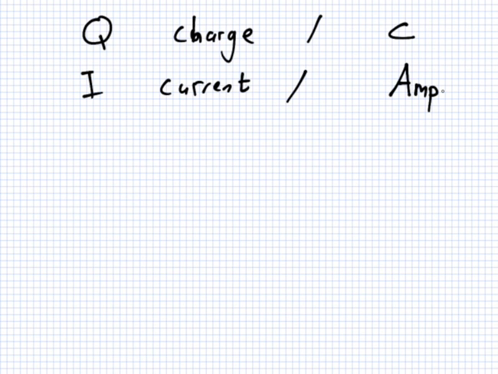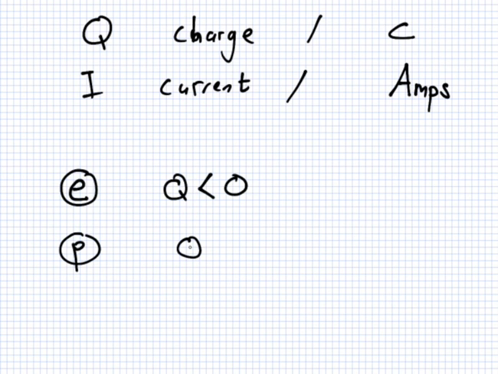Did we do that? No, we didn't do that yet, sorry. Actually, just those two. Charge is measured in coulombs and current is measured in amps. The same thing. Amps.